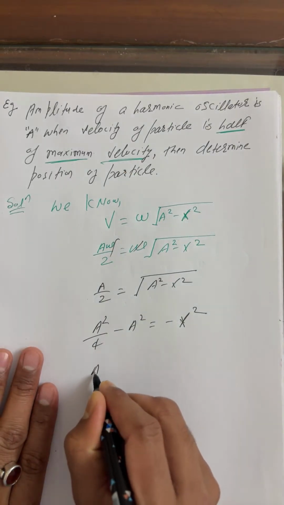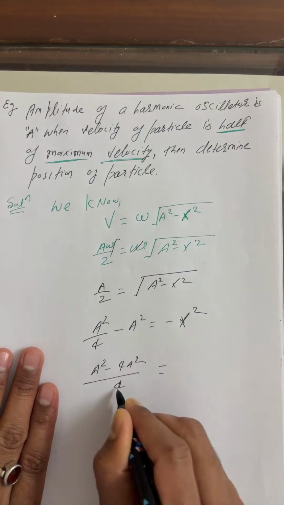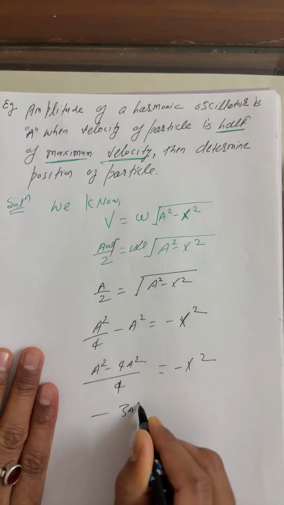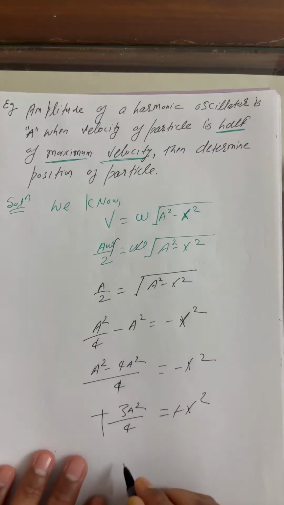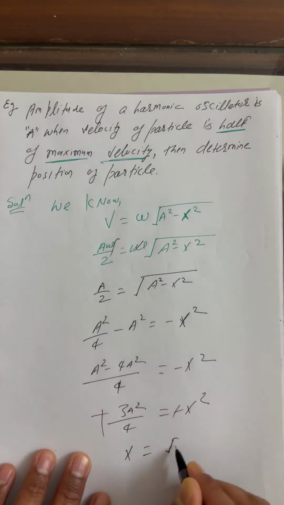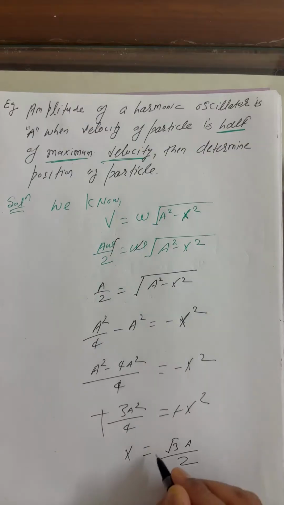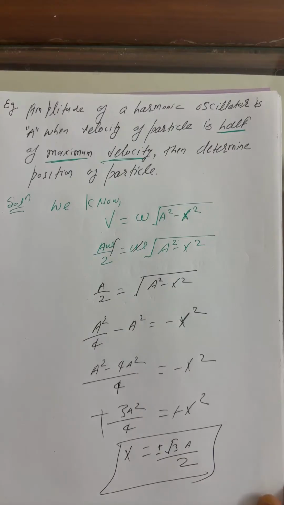So A square minus 4A square upon 4 equals minus x square, that is minus 3A square by 4 equals minus x square. So x will be plus or minus root 3 A by 2. This is the answer for this question.